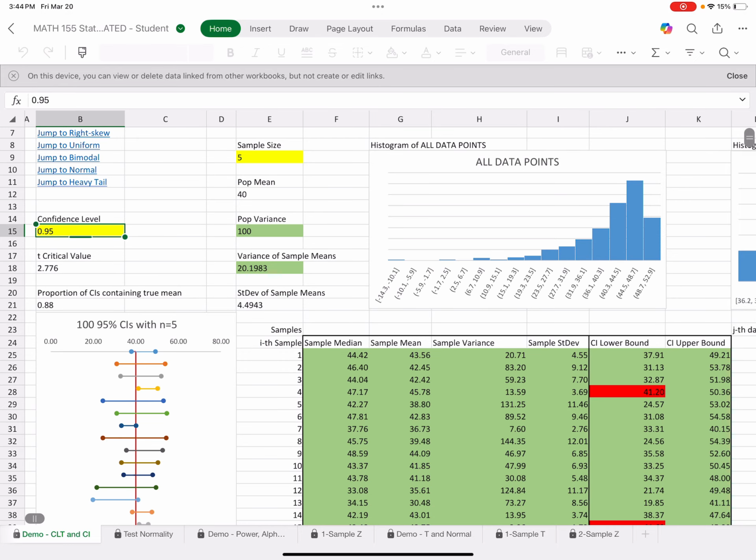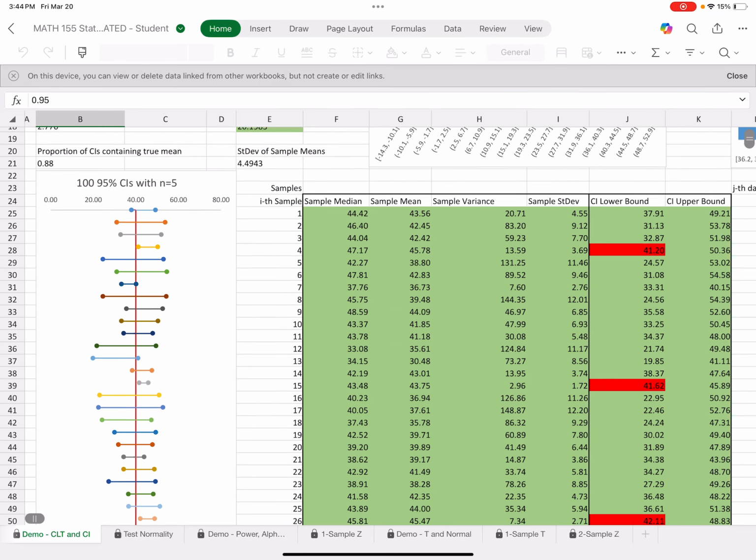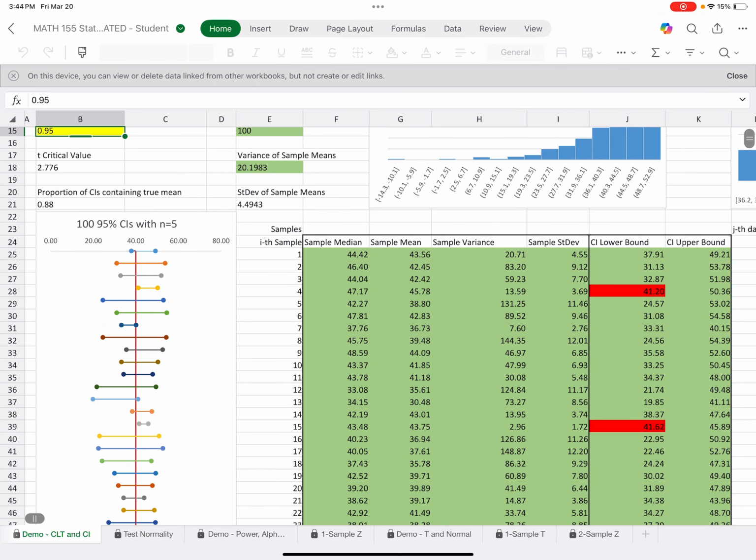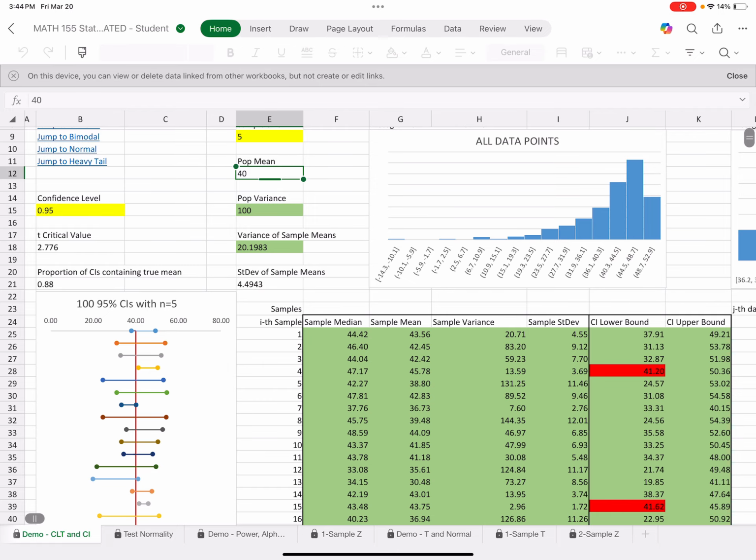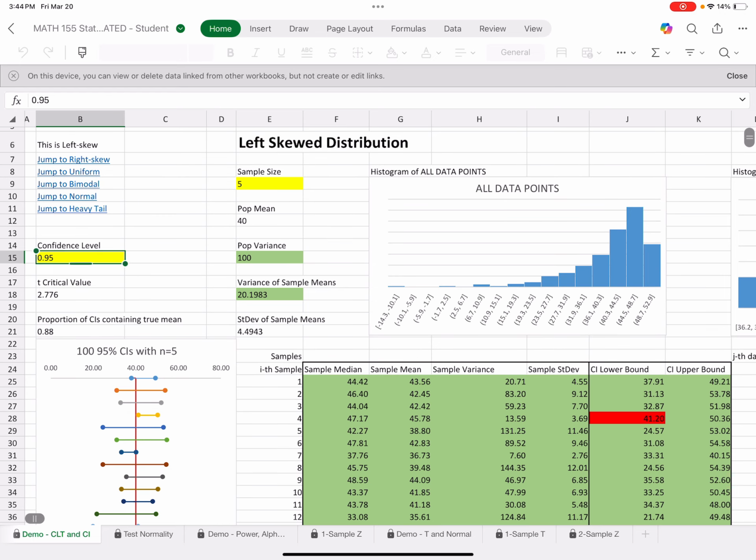Here we make it 0.95, and we see how often the confidence intervals contain the population mean, which in this case is set at 40. Now you might say, well, it's a 95% confidence interval, only 88% of them are actually in the interval, right?